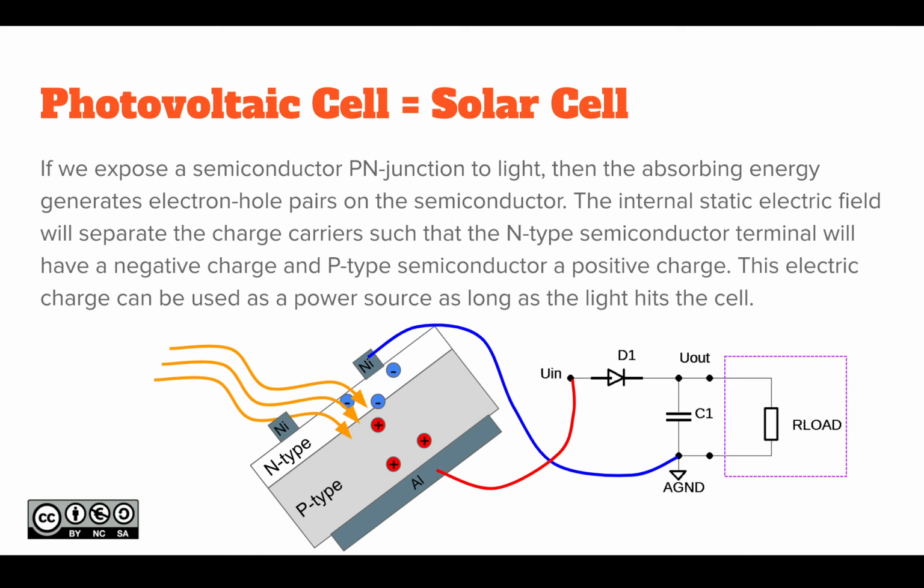Then the internal static electric field separates the charges, and the free charges occupy so much of that material that you get a charge difference between the N-type and P-type, and you can start collecting energy.